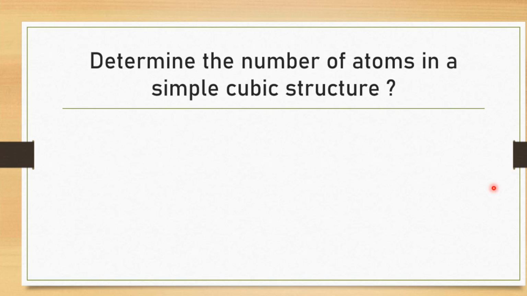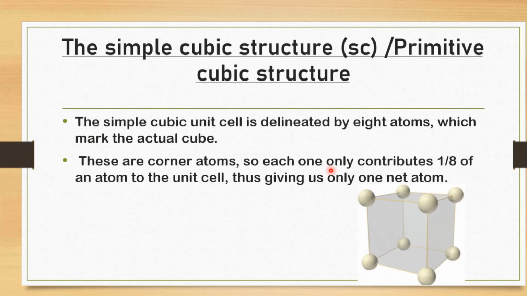Determine the number of atoms in a simple cubic structure. So how to determine it? Let's see. Number of corner atoms equals 8. In the previous case, we saw that, 1, 2, 3, 4, 5, 6, 7, 8.